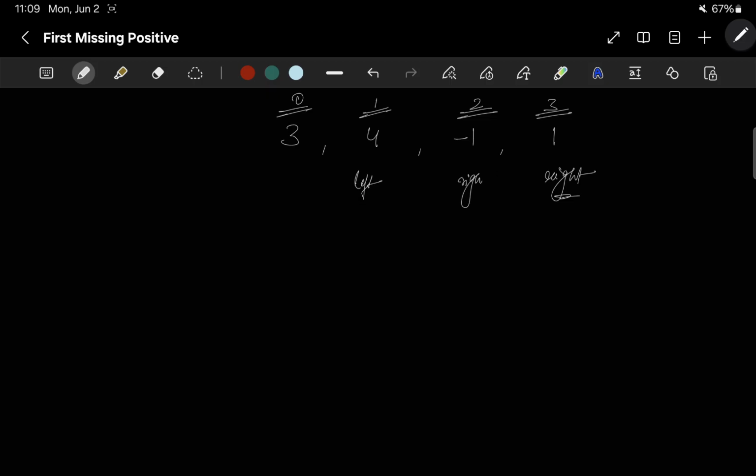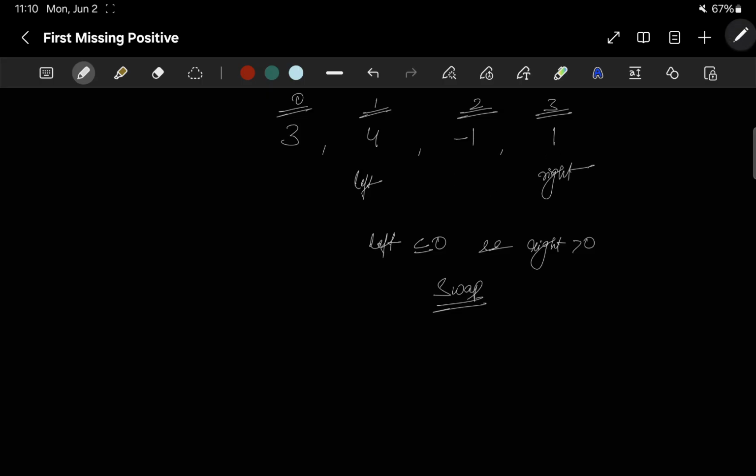Left moves forward, right moves backward. Now if for some reason left is less than or equal to 0 and at the same time right is greater than 0, we will swap. In this case, if you see, it is not the case, right? So what we will do here is, since that is not the case, we will not move right.